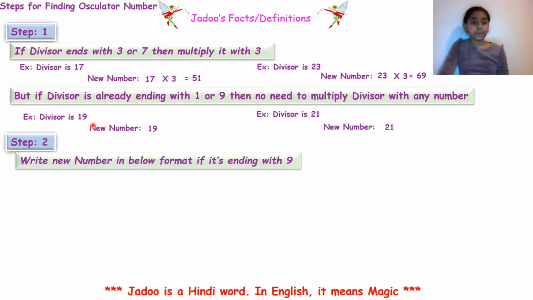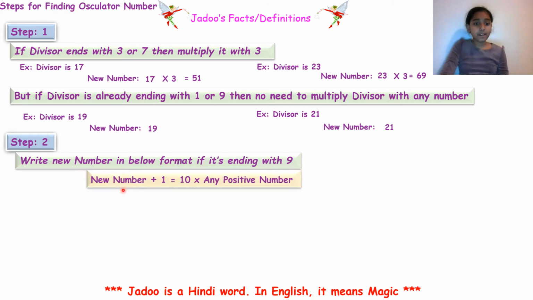Second step, write the new number in the below format if it's ending with 9. So new number plus 1 is equal to 10 times any positive number. For example, the new number is 69.